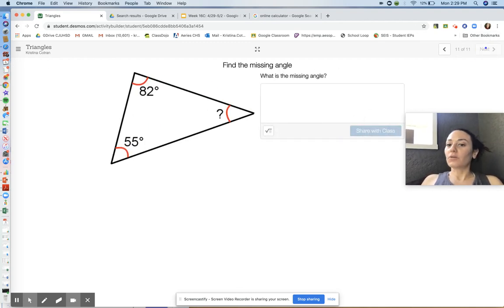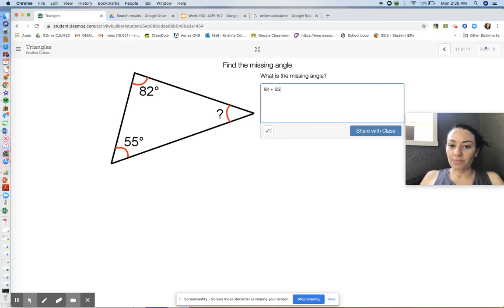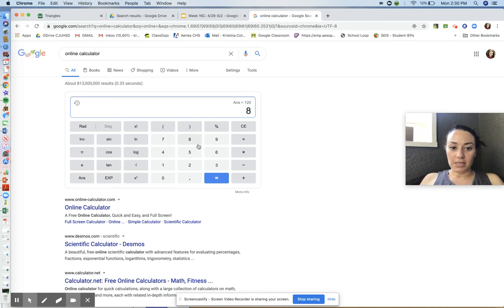What's the missing angle? So I've just explained. Add the 2 angles that are given. Subtract from what? 180. So I'm going to take, just like we talked about, 82 plus 55 plus x equals 180. That's how to set up the equation. But if I want 82 plus 55, I want to know what that is.